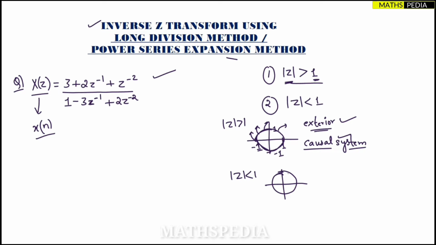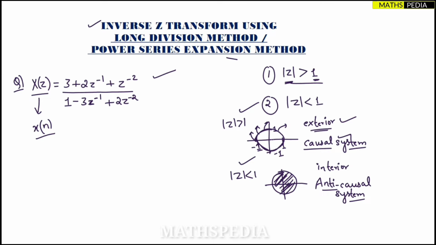Less than 1 means the inside part, which is called the interior of the unit circle and the anti-causal system. This is important. So mod z greater than 1 is causal system, and mod z less than 1 is anti-causal system.